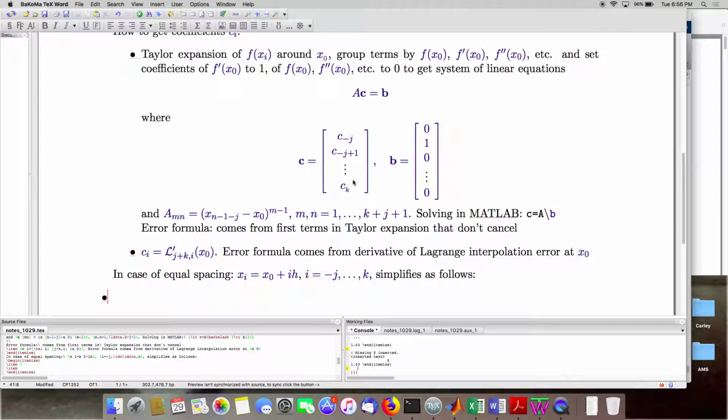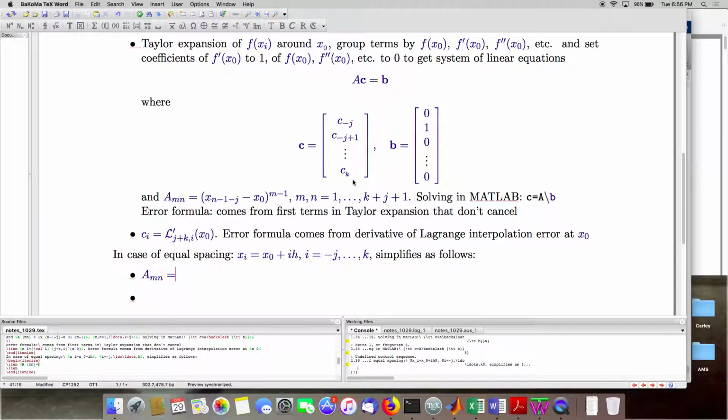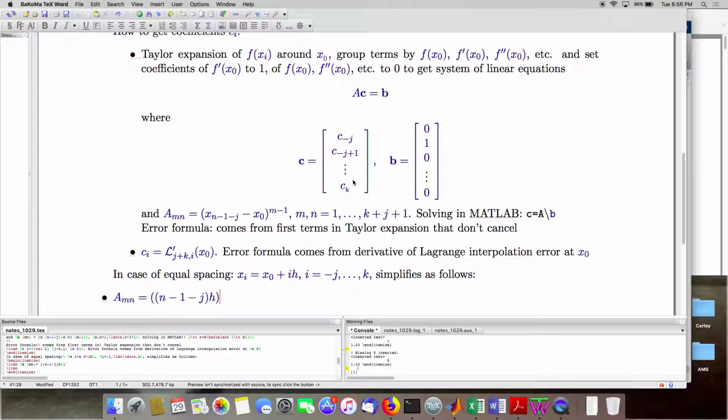So in the first approach, a_mn is equal to n minus 1 minus j times h raised to the m minus 1 power.